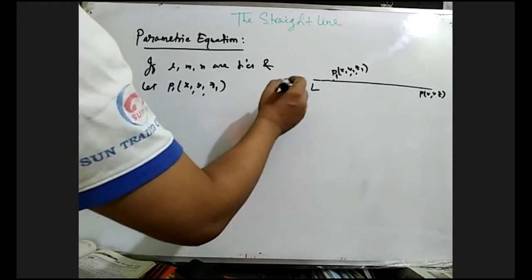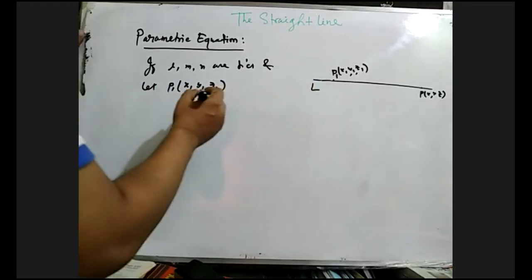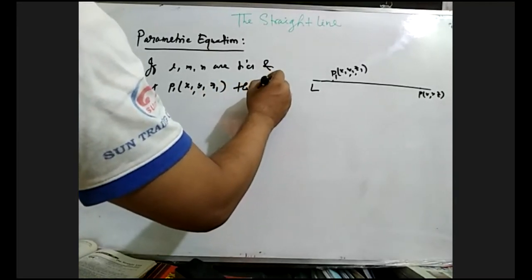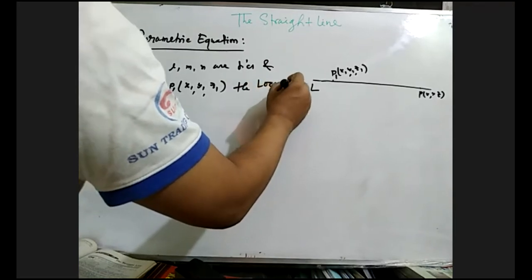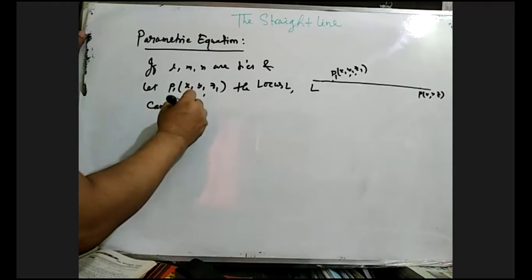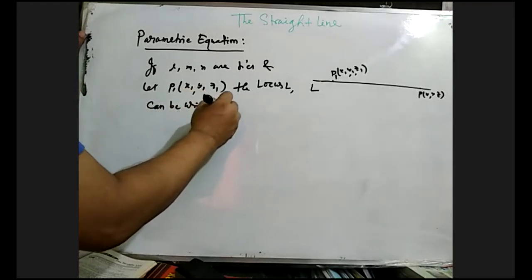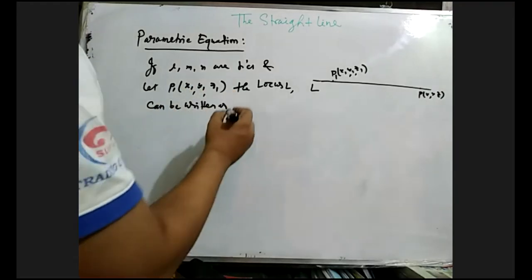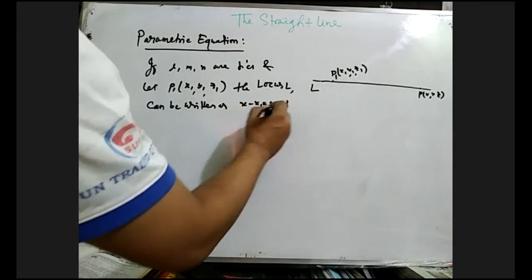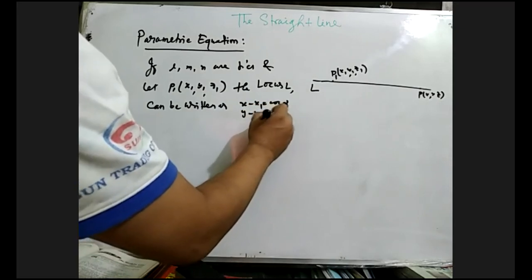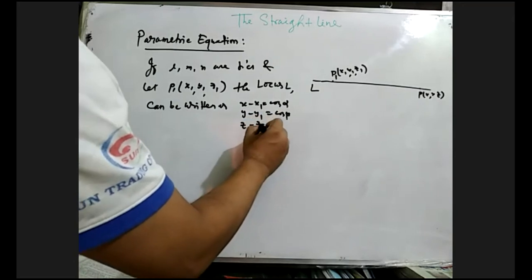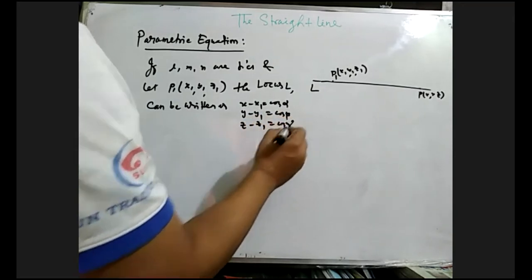So then the locus of L can be written like this: x minus x1 equals cos alpha, y minus y1 equals cos beta, and z minus z1 equals cos gamma.